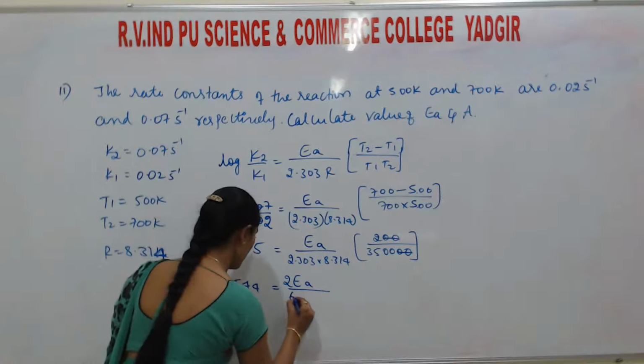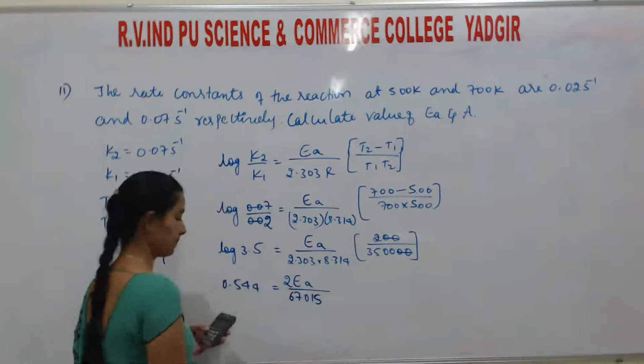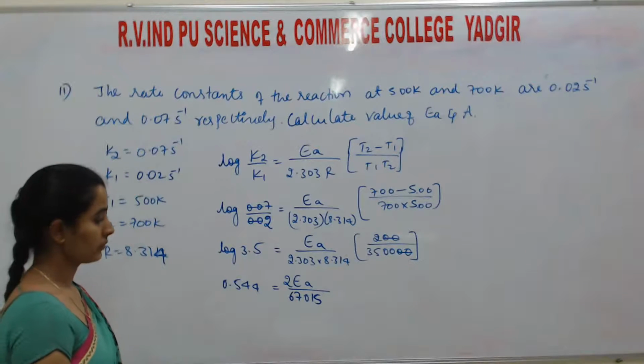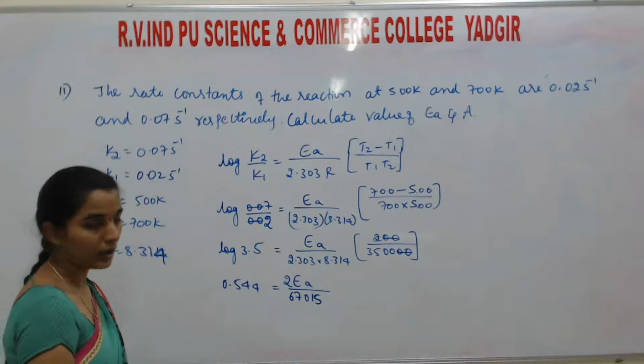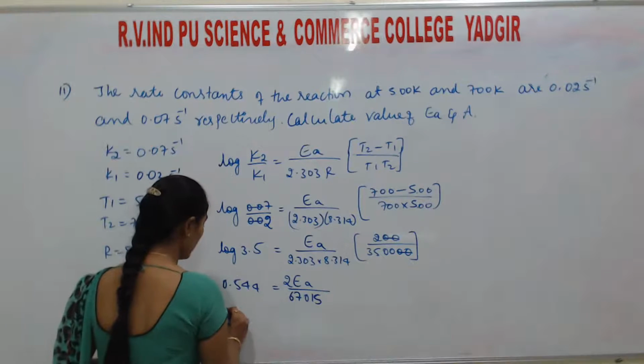That is 67015. So then EA is equal to what, students?